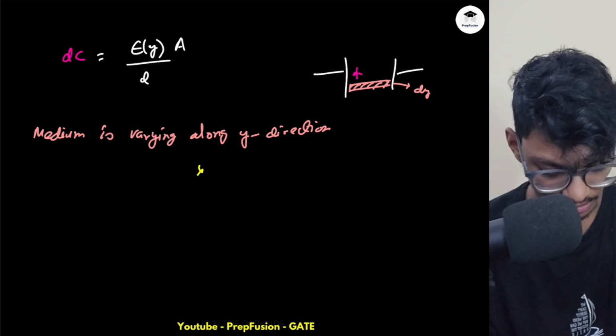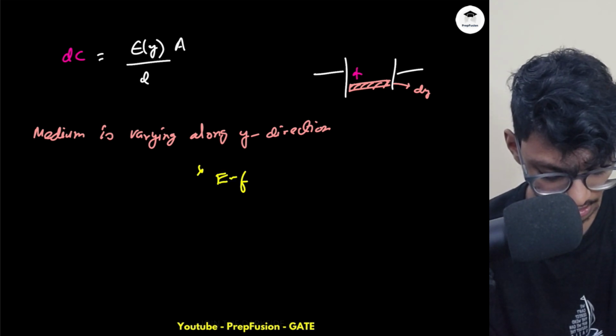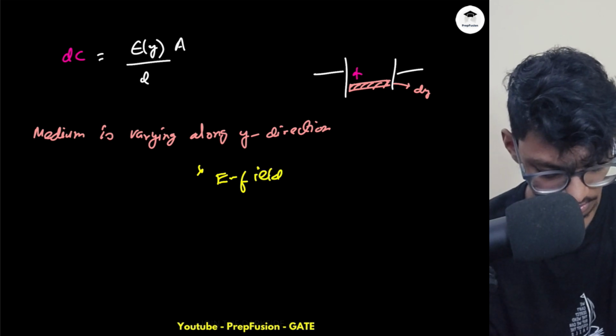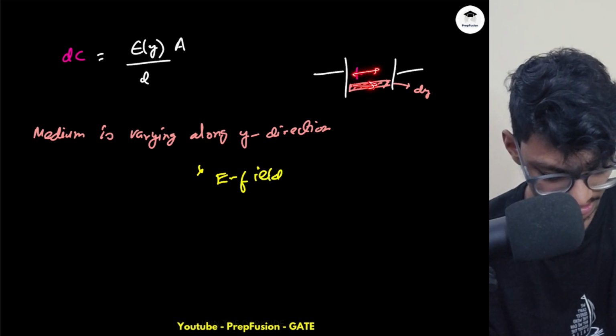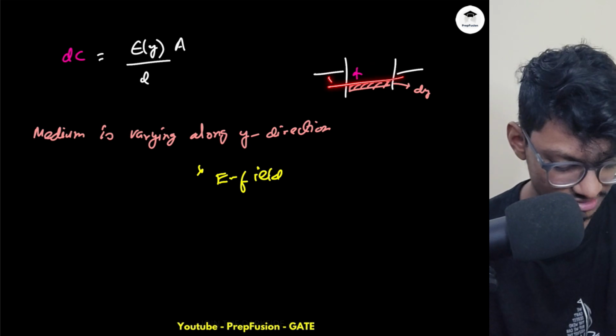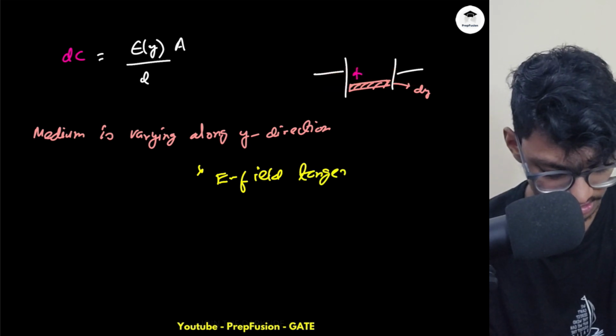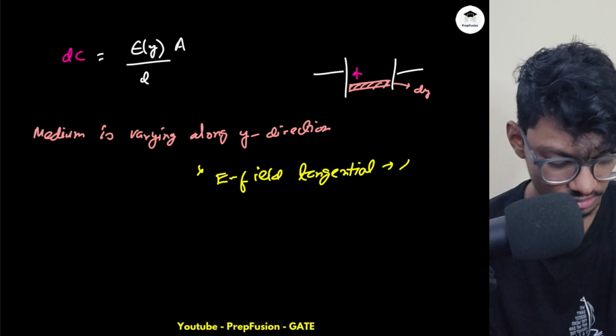It means that I am applying the boundary condition for tangential electric field. Here the electric field and here the electric field must be the same. They are tangential; the interfacing medium is now tangential. That means they are in parallel.